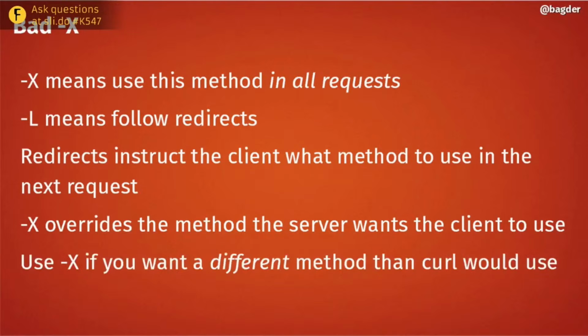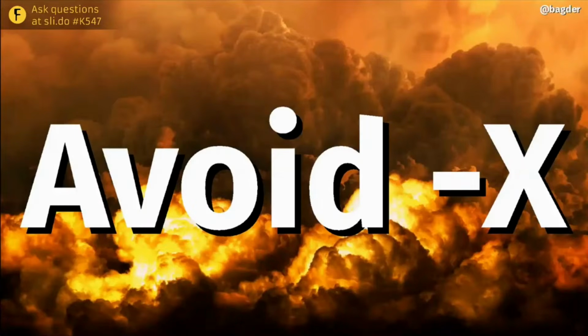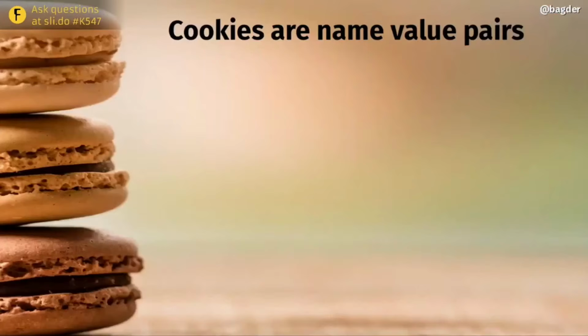So only use -X if you want a different method than curl would use itself. To put it shortly, just remember this, avoid it. Don't use -X unless you really have to, but you very rarely have to.